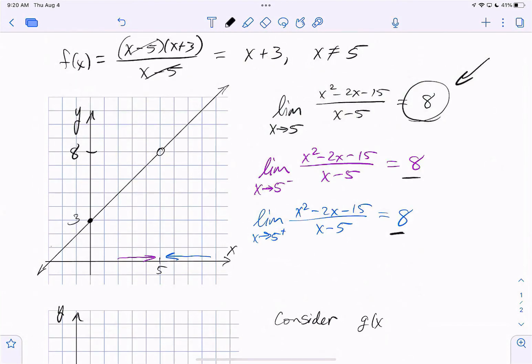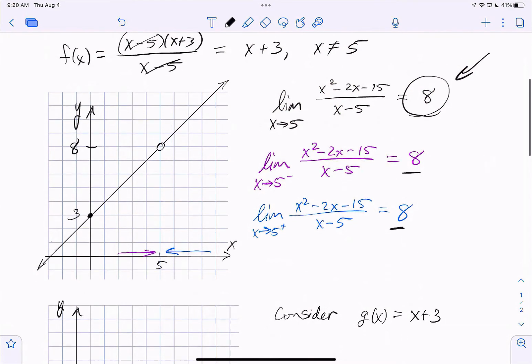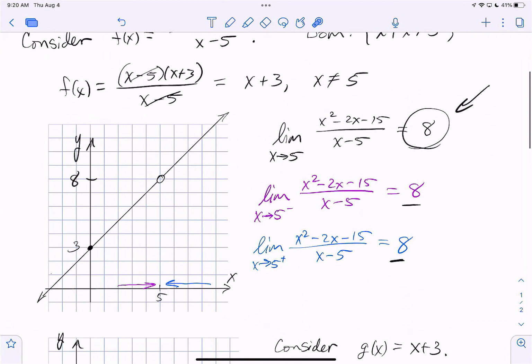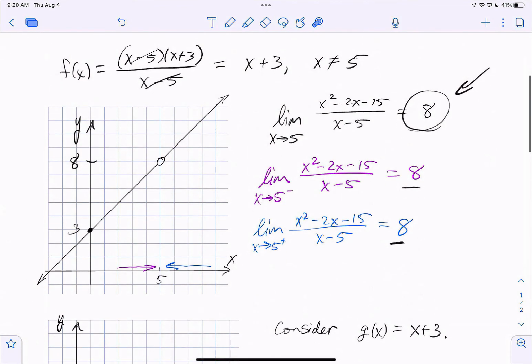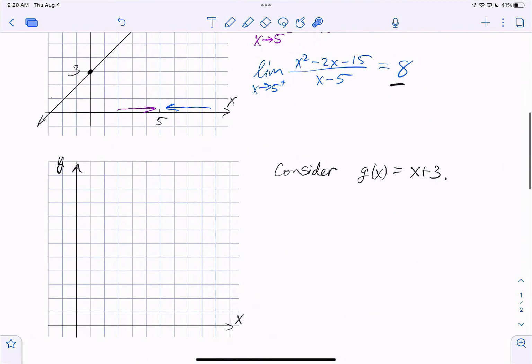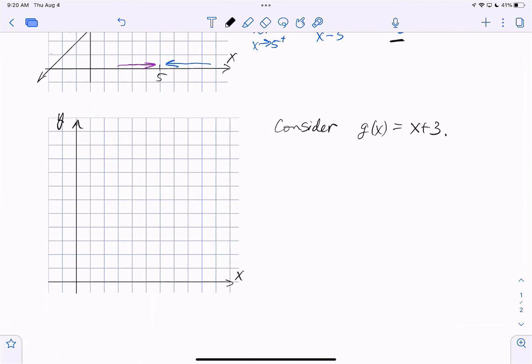Consider g of x is equal to x plus 3. Now, this function is what f reduced to, but see, the domain of f doesn't include 5. So these are functions that agree everywhere except for where x is equal to 5.